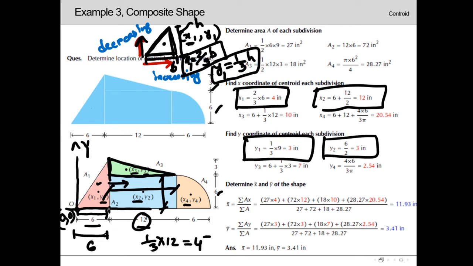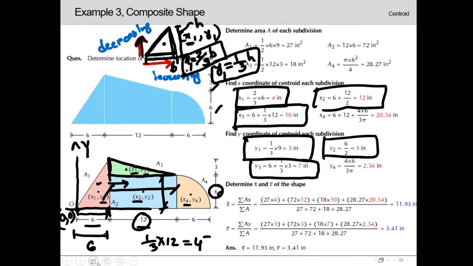But this is not the starting point. Our starting point is 0, 0. So 6 plus 4, which will be 10. So the value of x3 will be 10, and along the y-axis it will be 6 plus, as the segment is decreasing along the y-axis, 1/3 of 3. So 6 plus 1/3 of 3, which will be 7 in total.